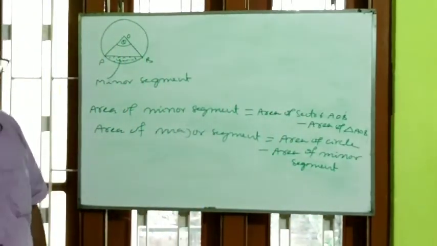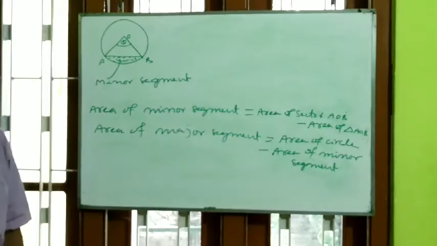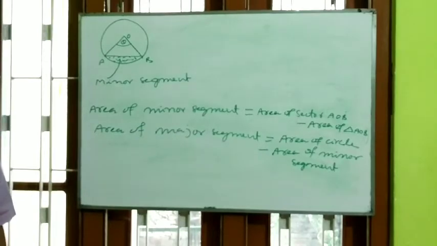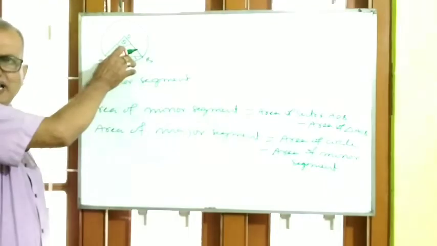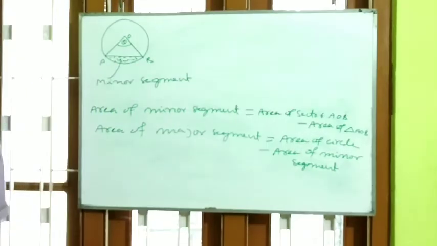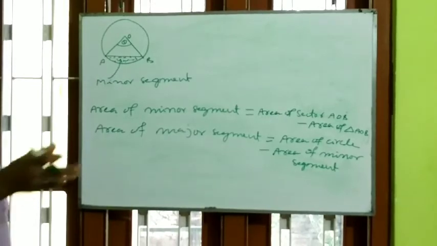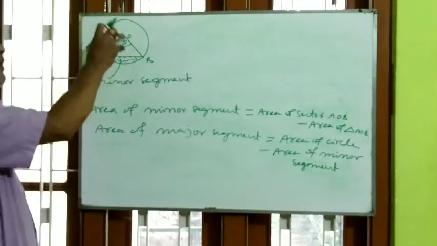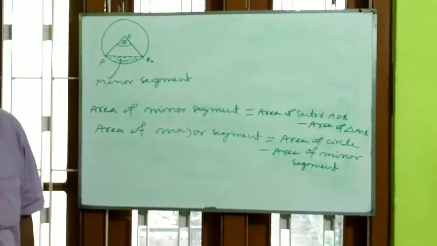Up to here clear or not clear? Have you doubt? This is the minor segment. So first of all you will find out the area of the minor segment, and then you find out the area of the circle. You subtract the area of the minor segment from the area of the circle. You will get the area of the major segment.